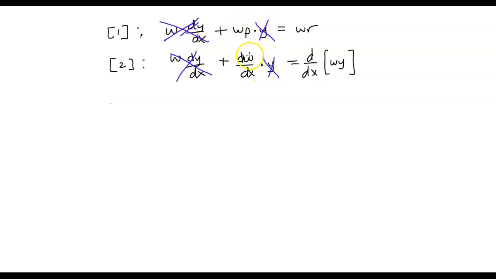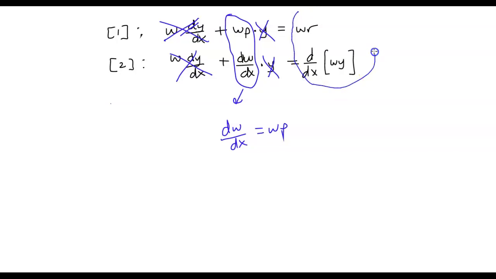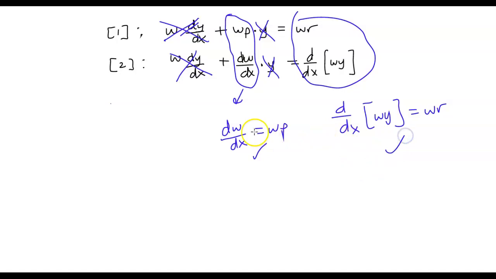So what you see left is that the derivative of w with respect to x has to equal w p. And we also see here that the derivative of the product of w and y is going to be equal to w times r. And so in order for equation 1 and 2 to be the same, we have to have these two relationships.